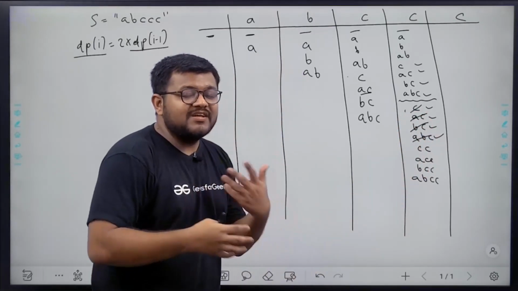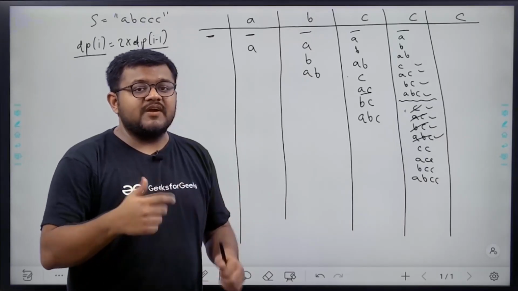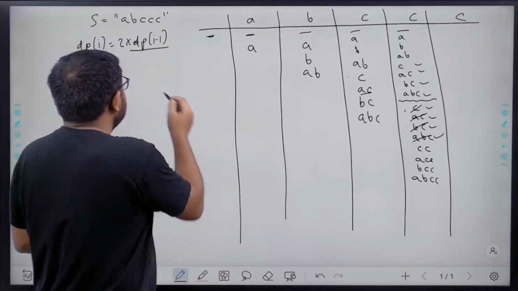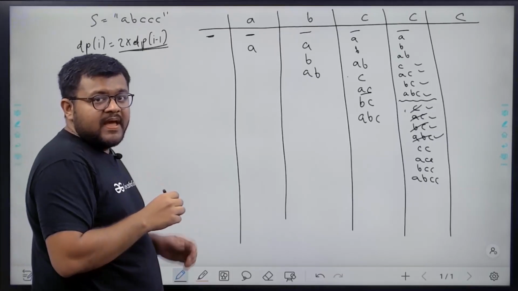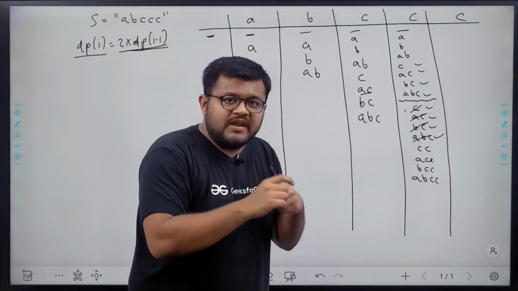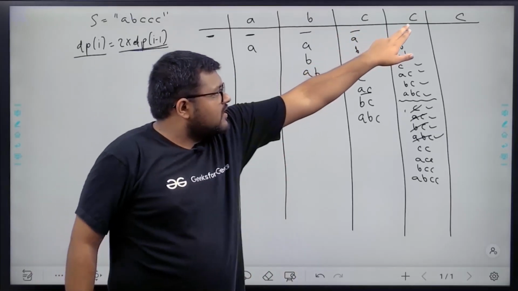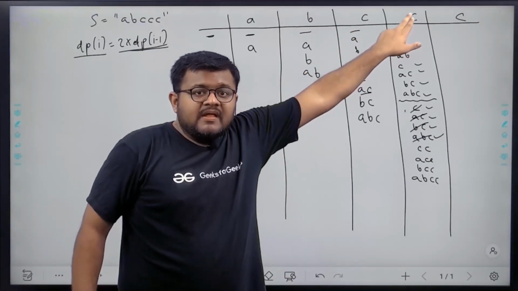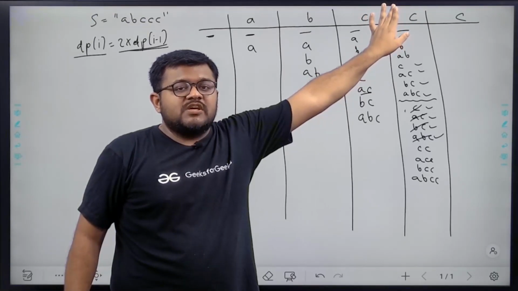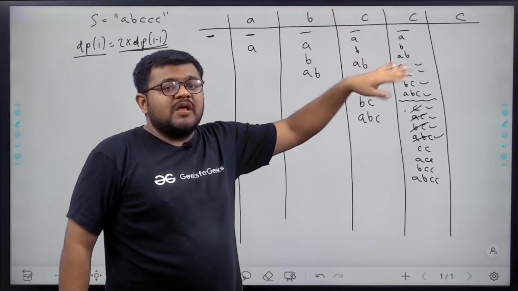So how many repeated subsequences will get generated in 2 times dp of I? Listen to this carefully: if the character at the current index is coming again, then the number of repeated subsequences is the distinct subsequence count up till which index?